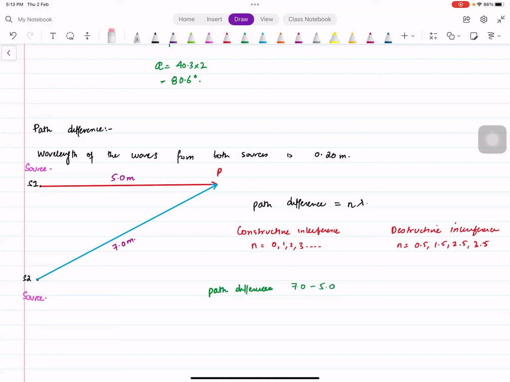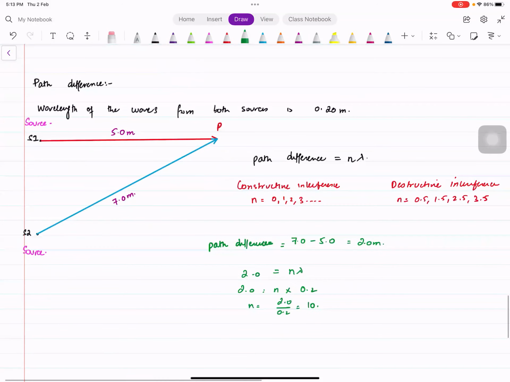So that's the difference in length between these two, which is going to be 2.0 meters, right? Then path difference equals n lambda. So 2.0 is n lambda, and because the wavelength is 0.2, n will be 2 divided by 0.2, which comes out to be 10, right? You see, it's a whole number.